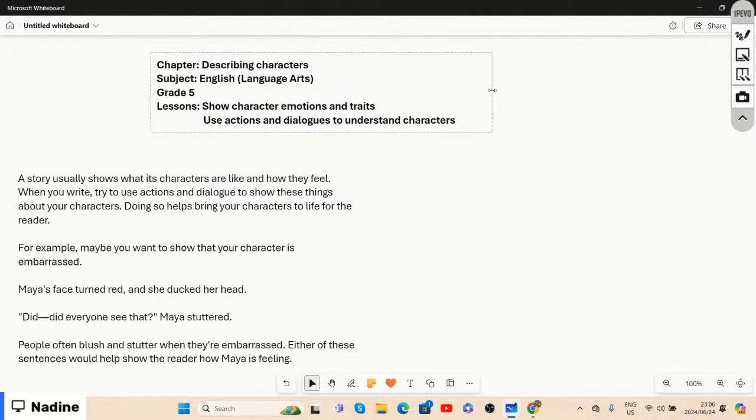So once again, our lessons are to show character emotions and traits, and we are also going to use actions and dialogues to understand the characters.